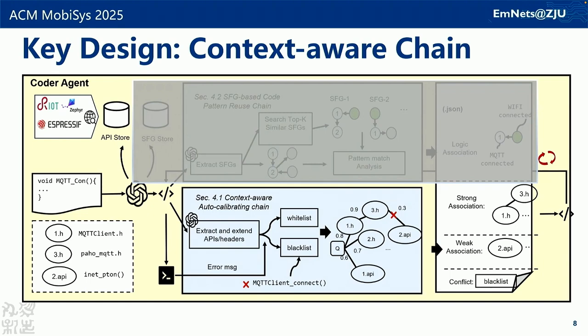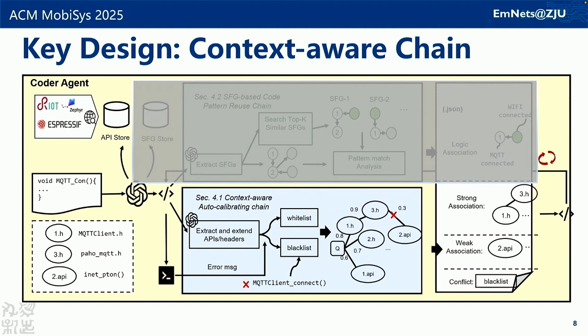Then, for a user query such as implement an MQTT connection function, the LLM processes the query, generates the corresponding code, and executes it. Next, it collects compilation and runtime information of the generated code and uses this information in the next iteration to produce the revised code.